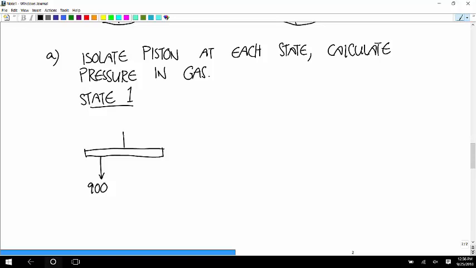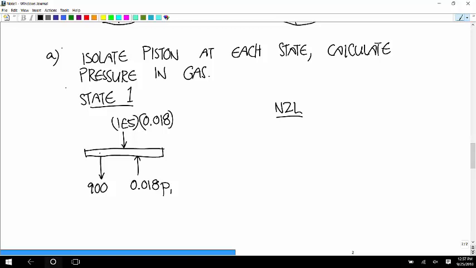The pressure from the atmosphere, this is the outer pressure, is 1 times 10 to the 5th times the area of that piston, that's 0.018. And then you also have the gas pressure pushing up on the piston. That's the area 0.018 times our unknown pressure P1 for the gas.